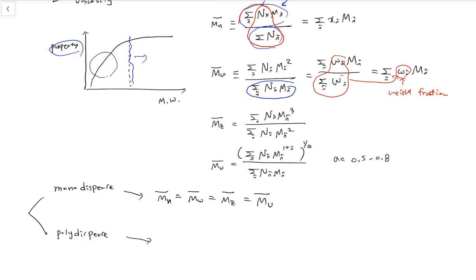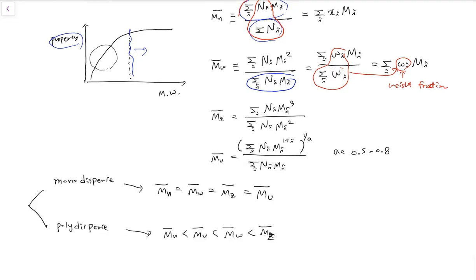In general, if you check the relative scale of these different kinds of molecular weight, generally Mn is the smallest one, then Mv, Mw, Mz. Sorry, Mz.